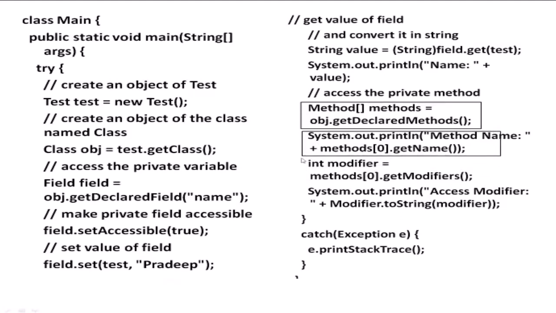And again, here we take an integer value, modifier, and we have given methods[0].getModifiers, so that it is going to get the modified value which is set by the field set. We have given a field set Pradeep by setting the variable. So now we use getModifiers, whatever the modified value is, that one we need to access.